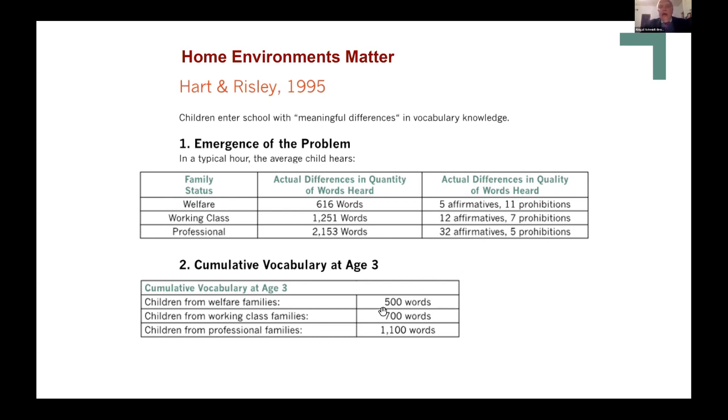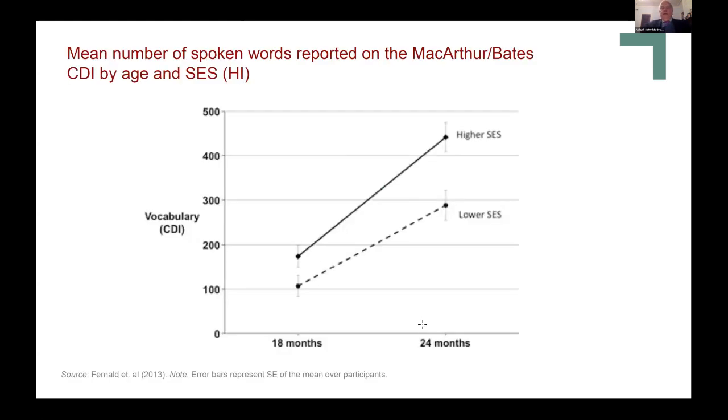And so if we look at the vocabulary gap by age 3, you can see that the children from disadvantaged families have 500 words, as opposed to those from more advantaged families who have twice as many words in their vocabulary. So that's an early start, and the gaps will only increase.